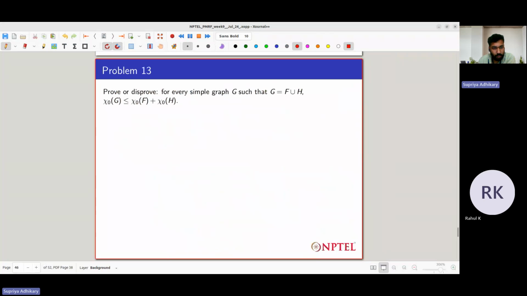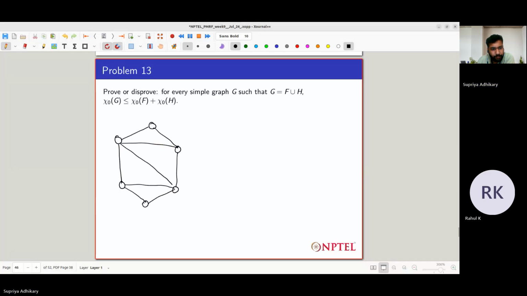We will take a simple example with 6 vertices. So consider this K6. In K6, we will have vertices like this, and the edges. So this is K6.